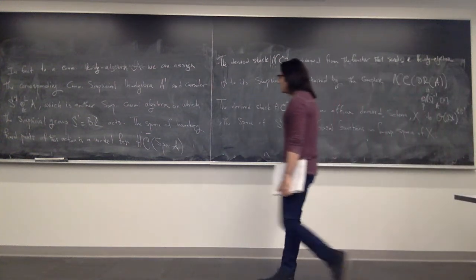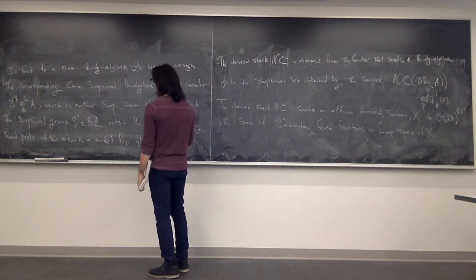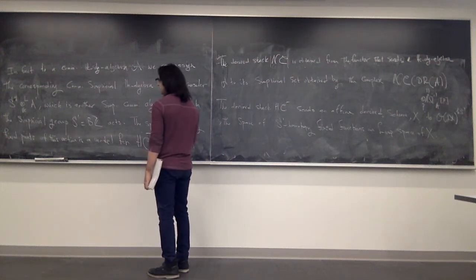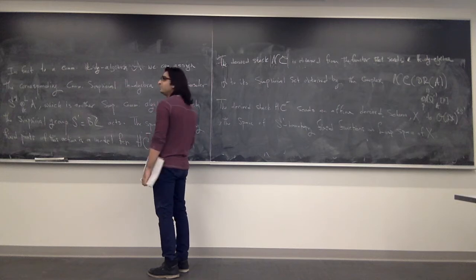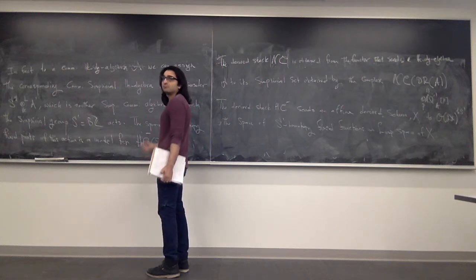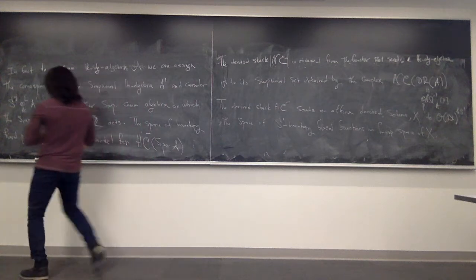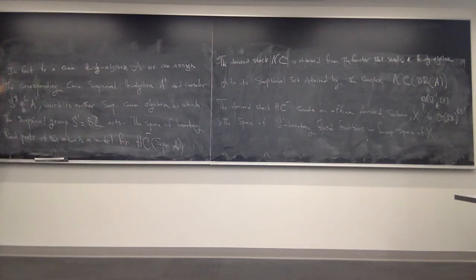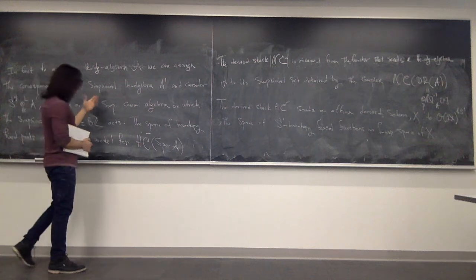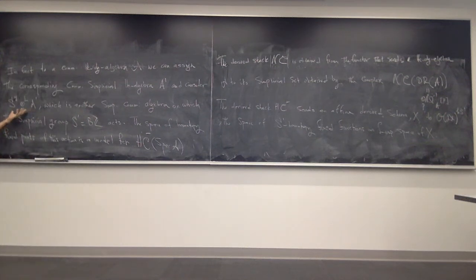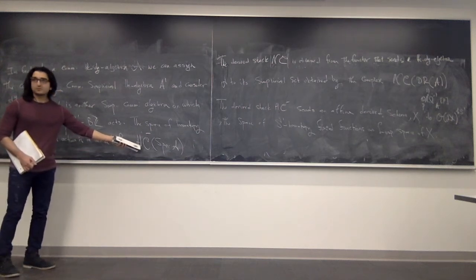It takes a derived affine scheme to S1 homotopy invariant functions on the loop space of that affine scheme. So if you pick the affine scheme, how do you construct this space? Look at the underlying algebra and construct this simplicial algebra, and then there's an action by S1 on it, and then you can discuss the fixed point of that action. The fixed point of the action of S1 on these is a model for the image of this.